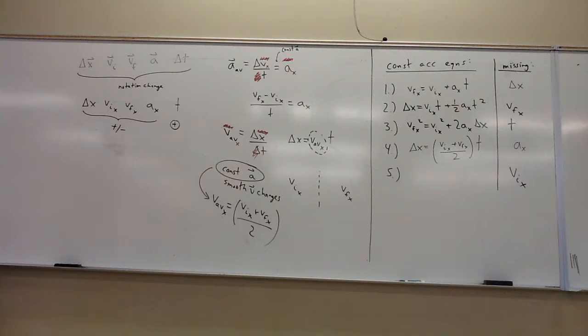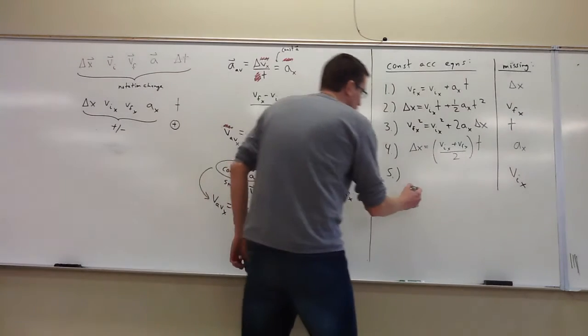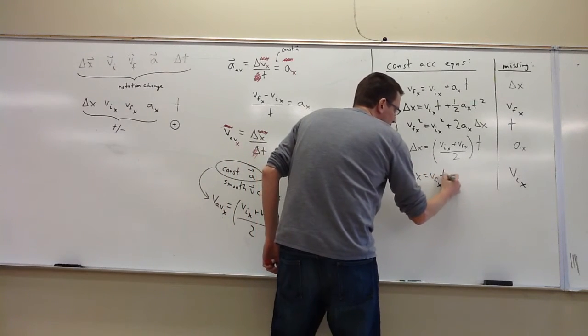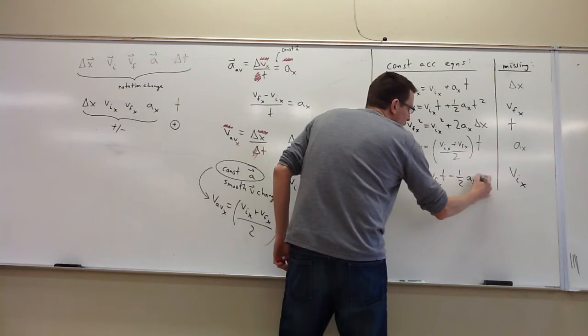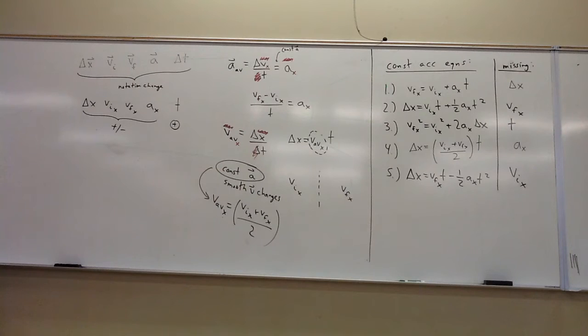You have now 4 equations to choose from. Pick your favorite one. Solve for v initial, put it into another one so that v initial will be gone. And this is what you'll get. Something very similar looking at equation number 2, except v initial is replaced by v final, and there's a minus in the middle of the right-hand side instead of a plus.